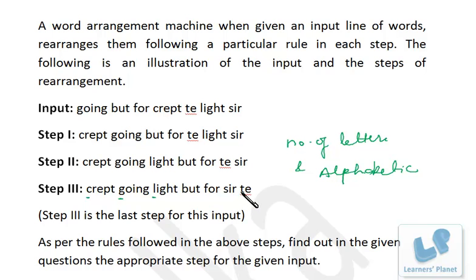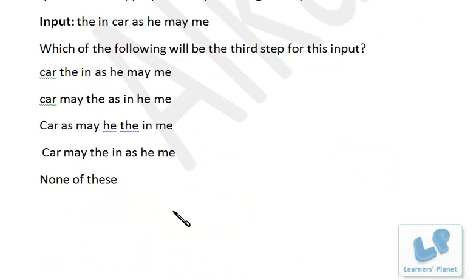Now straight to the problems. Now input is this. Which of the following will be the third step? So in the very first step, we have to find the word which has maximum letters, and this 1, 2, 3. So these 3 words have 3 letters. So in the first step we have to arrange them alphabetically. So car, the, and the remaining one.